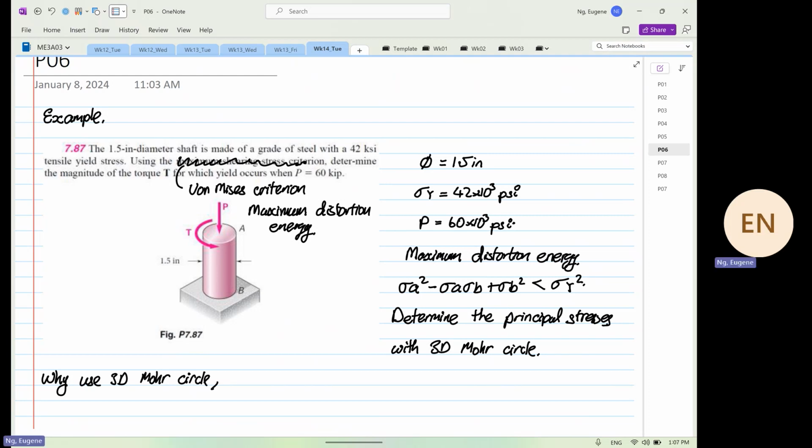We have to ensure that stress A and stress B used are the maximum and minimum stresses.